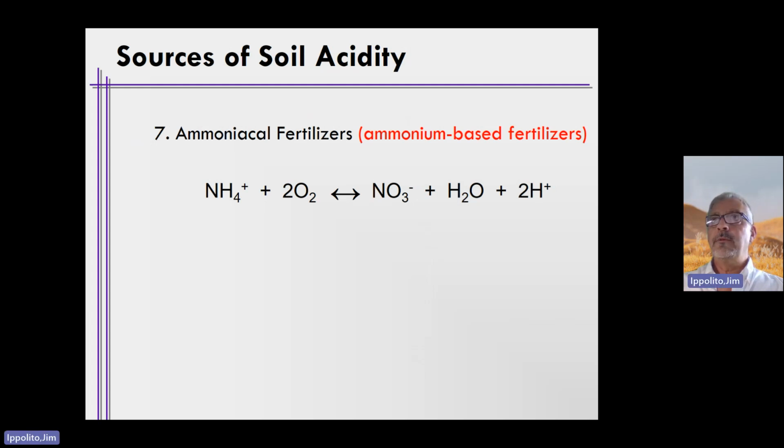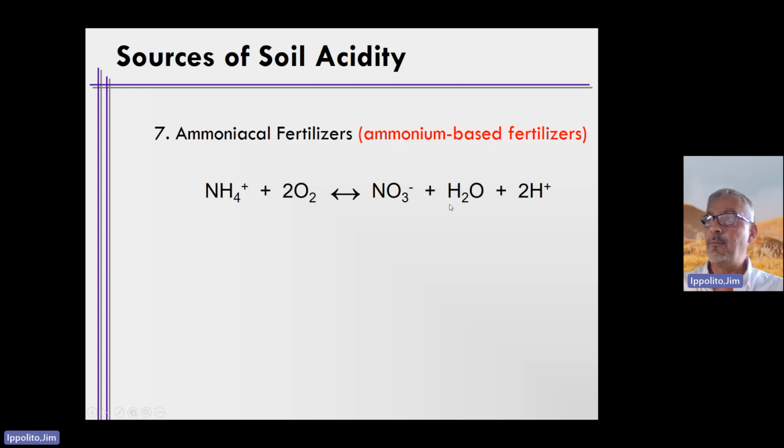Now, the seventh and the last form of acidity in soils is from the use of ammonium-based fertilizers. It says ammoniacal fertilizers or ammonium-based fertilizers. When we as humans utilize ammonium-based fertilizers, this is any form of a fertilizer that either starts as ammonium or can create ammonium, NH4. NH4 in soil can react with oxygen to form nitrate. Okay, and we're going to talk about this in unit 5.